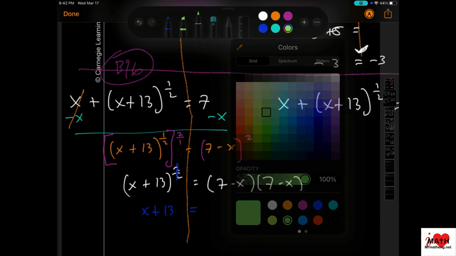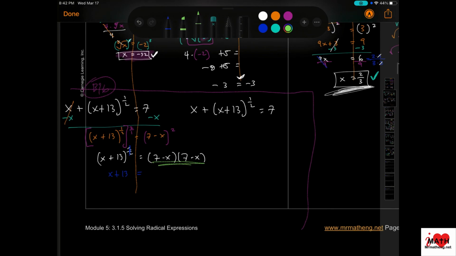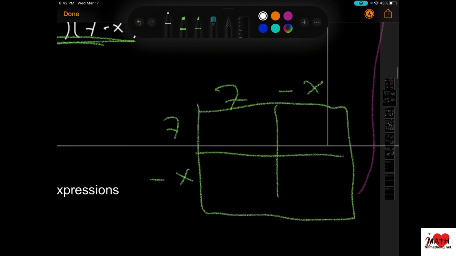Do we have space over here? Let's see if we can do it down here. 7 minus x, 7 minus x, multiply, and then you can combine like terms of those two.